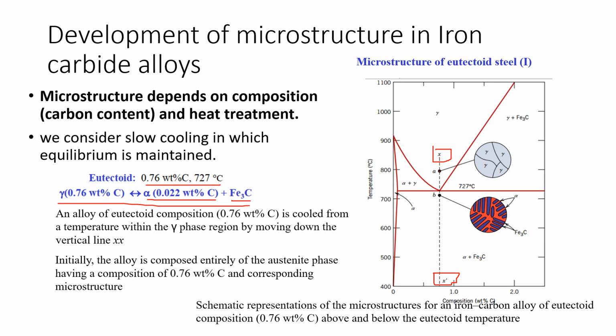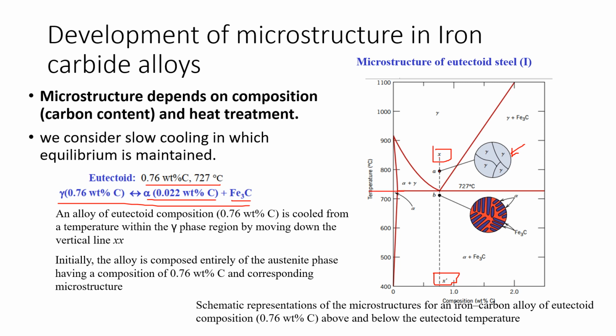If we look at the microstructure, this alloy is composed entirely of austenite phase, having a composition of 0.76% by weight of carbon, and this is the corresponding microstructure. All the grains are austenite.